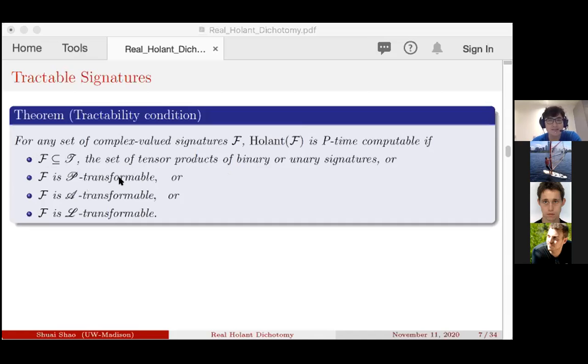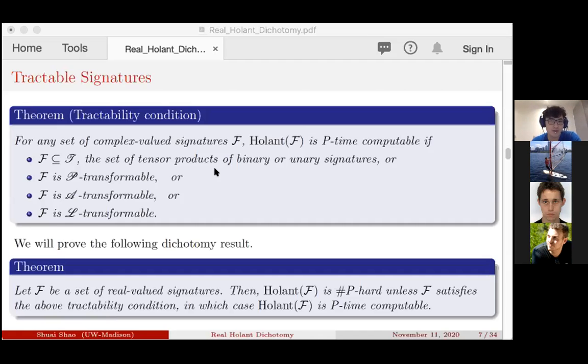Well, it's known that the Holant problem specified by this signature set script F is tractable if this F satisfies this tractability condition. And this condition actually holds for complex-valued signatures. Well, what we will show is that the Holant problem specified by a real-valued signature set script F is sharp-P hard if this set does not satisfy the above tractability condition. So thus we get a dichotomy. So if it satisfies this condition, then it's tractable. Otherwise, it's sharp-P hard.